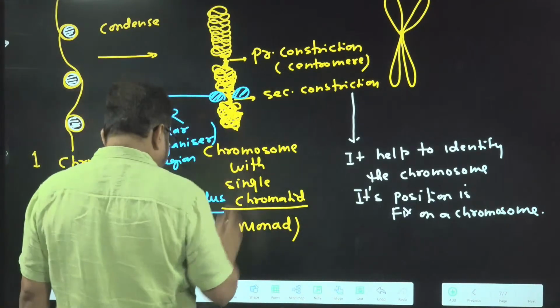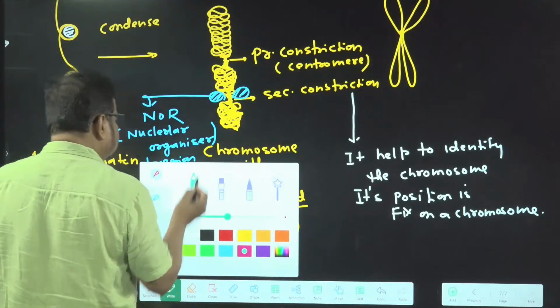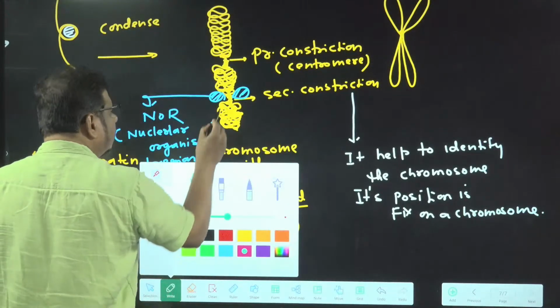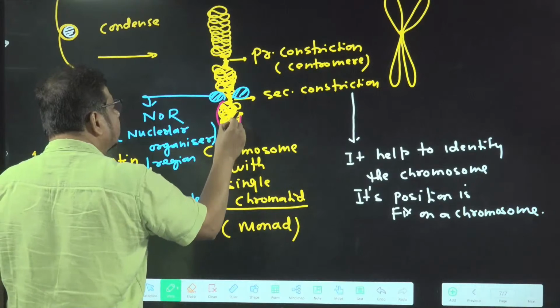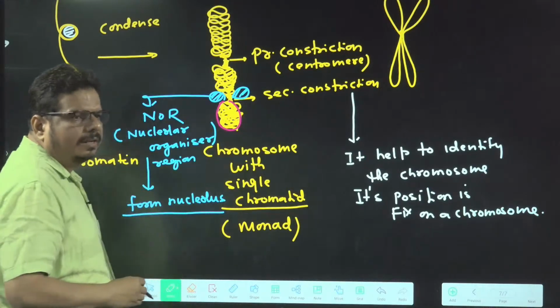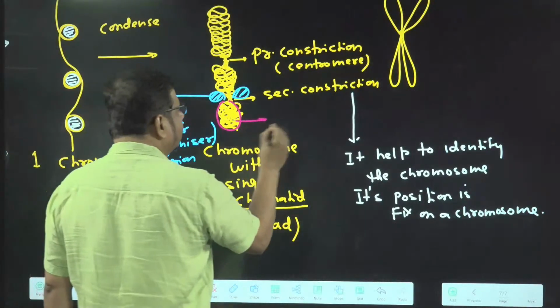Now, this is a bulge out region. In NCERT it's shown upside, doesn't matter. This bulge out region above the secondary constriction is called satellite.